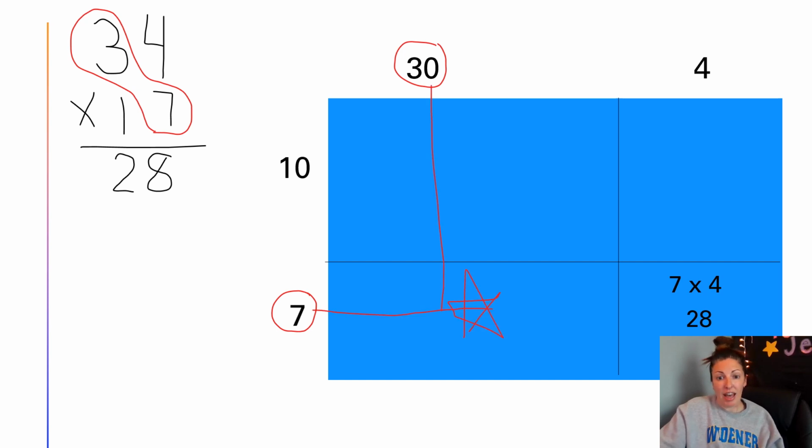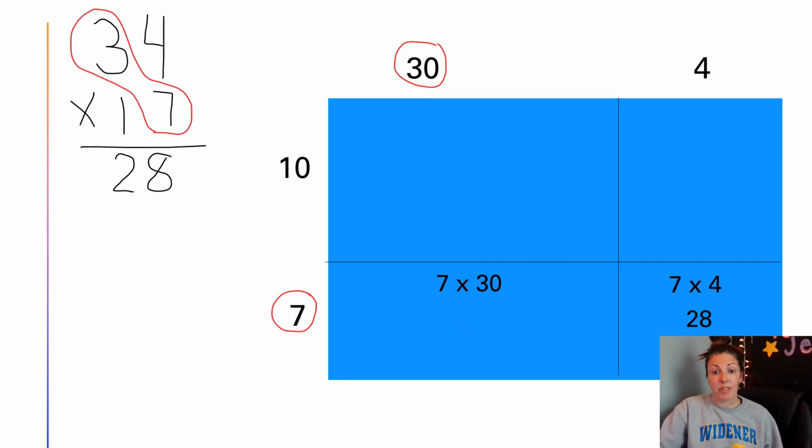So when I do that, I see that my 7, I move it over this way, bring down my 30, and they meet in this box down here, this lower left-hand box. So that is where I'm going to put all of my work as I'm working to figure out what 7 ones times 3 tens is.